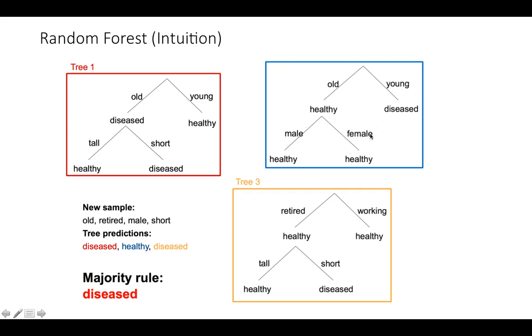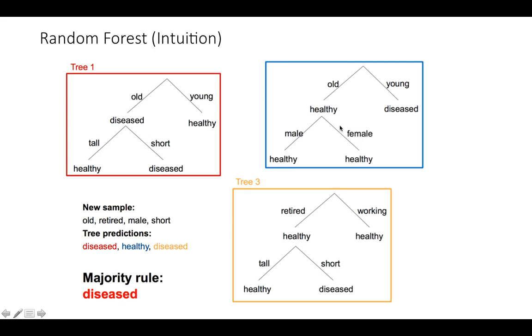Let's say that there is an attribute gender, and there is an attribute of work status, either retired or working, right? So the key attributes are the height, gender, and work status, and you are trying to predict if somebody is healthy or diseased. For instance, in this tree the gender is absent.